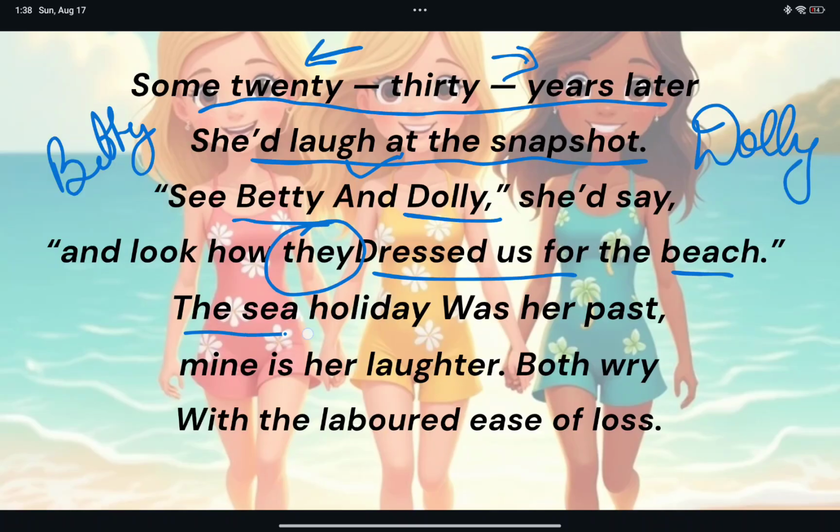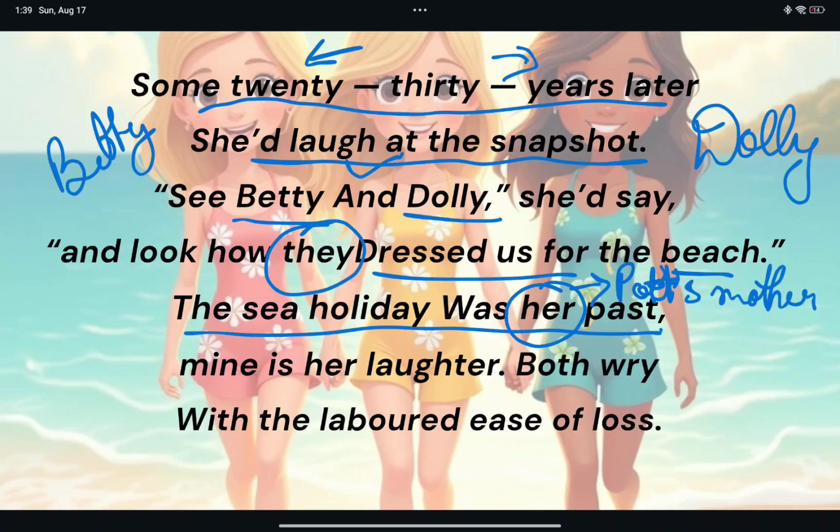Now she says the sea holiday was her past. Whose past? What is "her" referring to? Her is referring to the poet's mother. So the poet's mother is already dead. She is no longer alive. So the poet says that the sea holiday, which is visible in this photograph, was her mother's past.